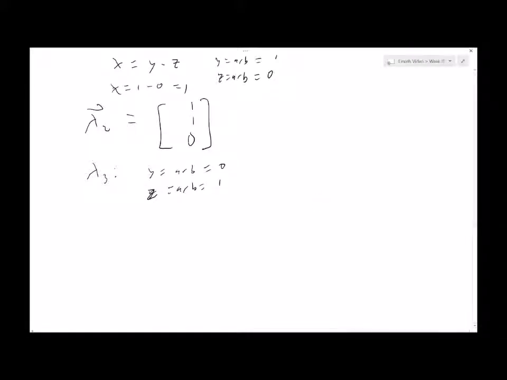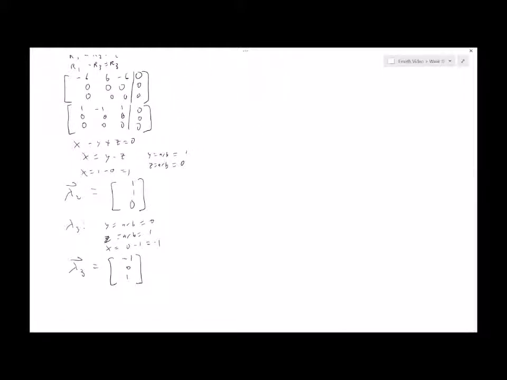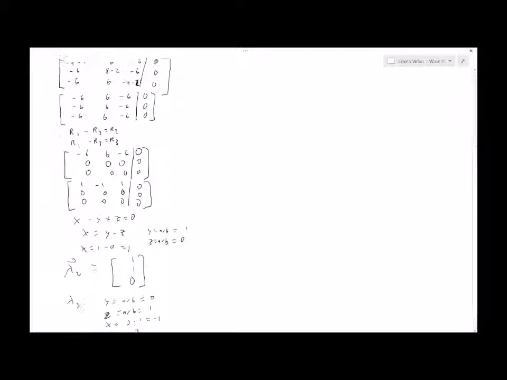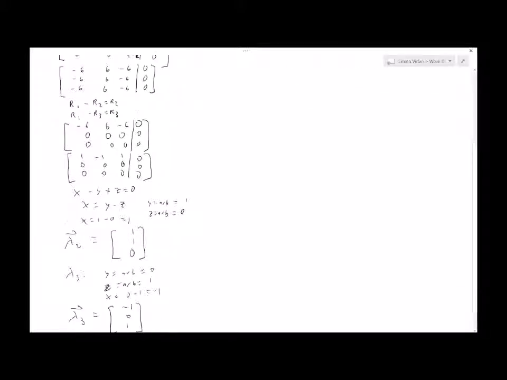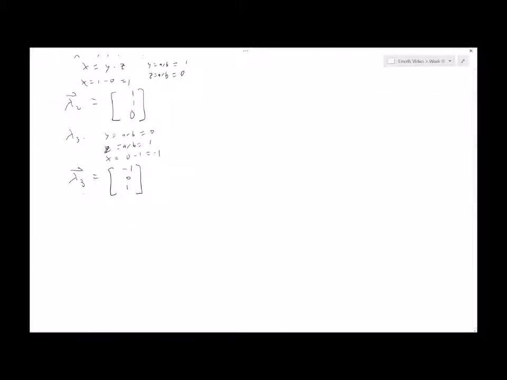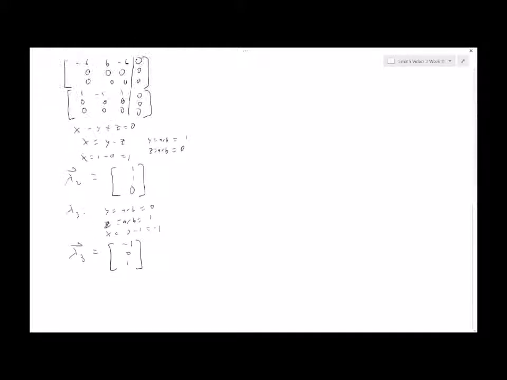And this makes x then equal 0 minus 1, which is -1. And eigenvector 3 would be -1, 0, 1. And now no one can say that you can make eigenvector 2 equal to eigenvector 3. And then the solution just requires you to get the eigenvector 1.